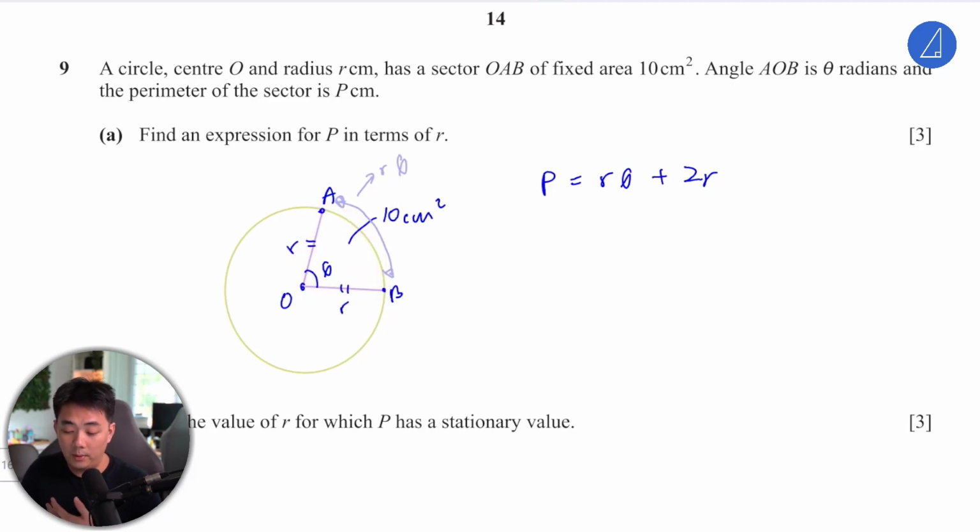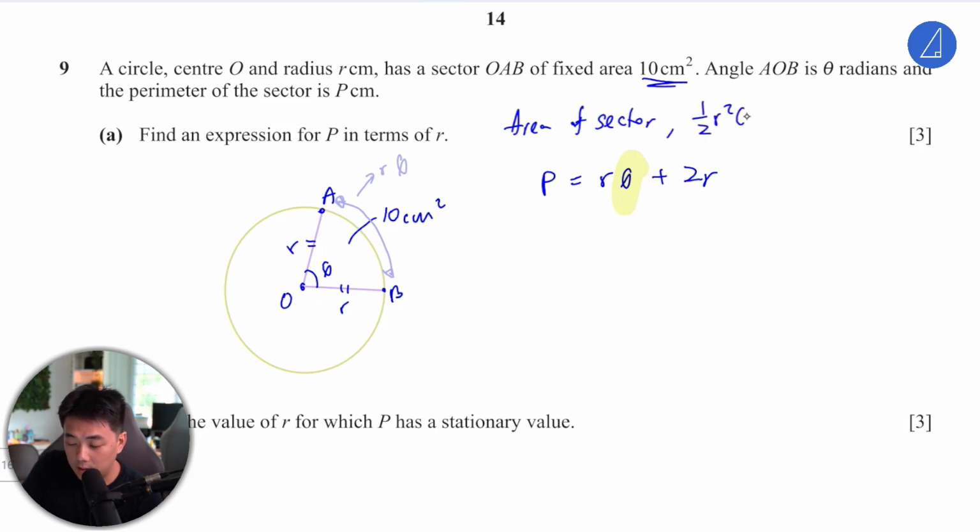That's it. But the problem now is you want P in terms of R, so we need to get rid of this theta here. Theta is not in terms of R, so we're going to make use of the area. The area of the sector is half R square theta equals 10.